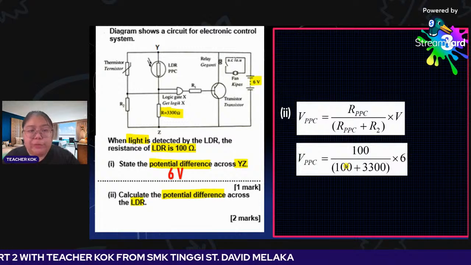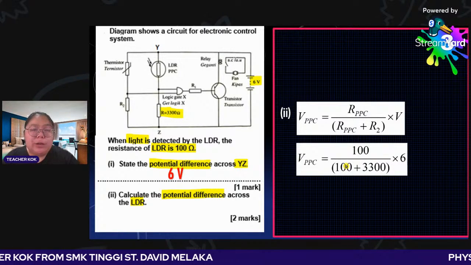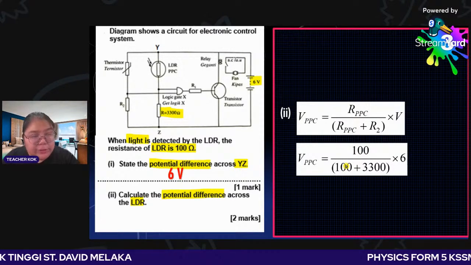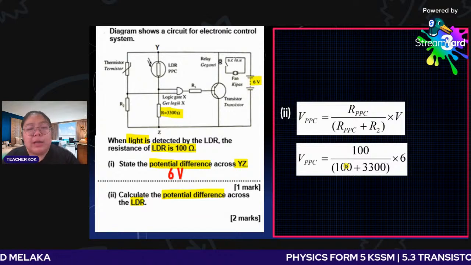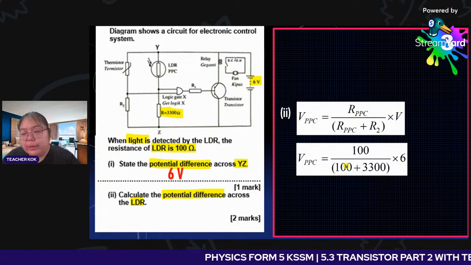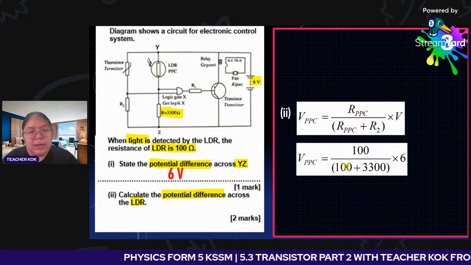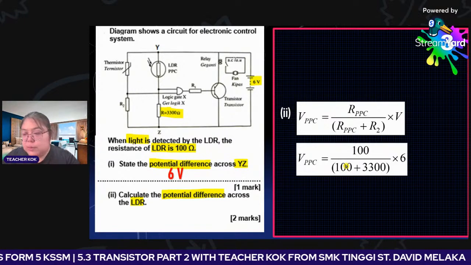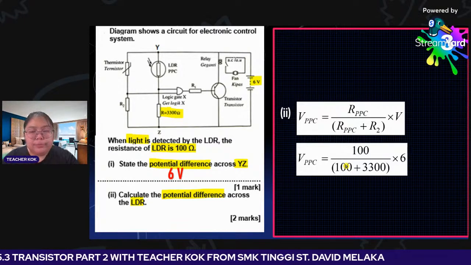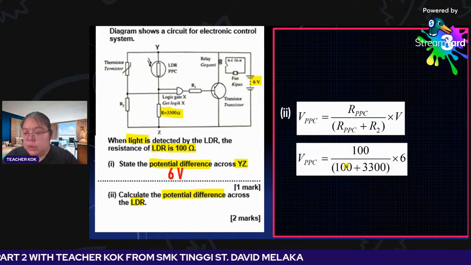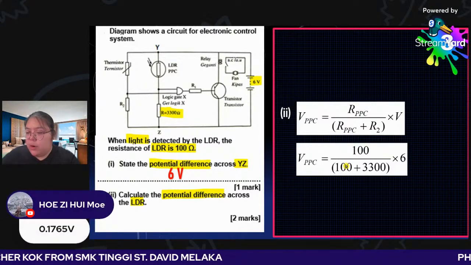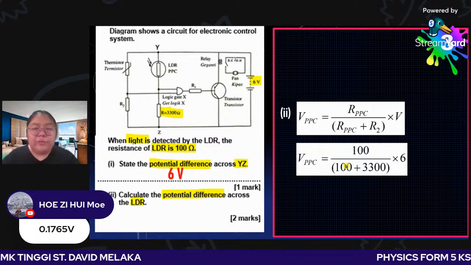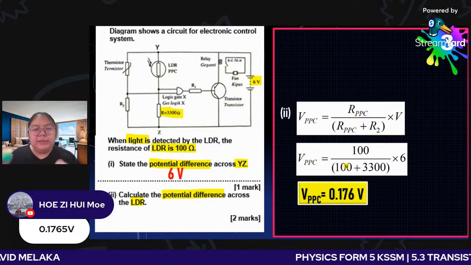Your answer is surely less than 6, agree, because the total is 6 volt. You cannot have more than 6 volt. So we leave it for the students to answer. I still have questions, so you must answer faster. Okay, Zihui, 0.1765 volt. So the answer is correct.